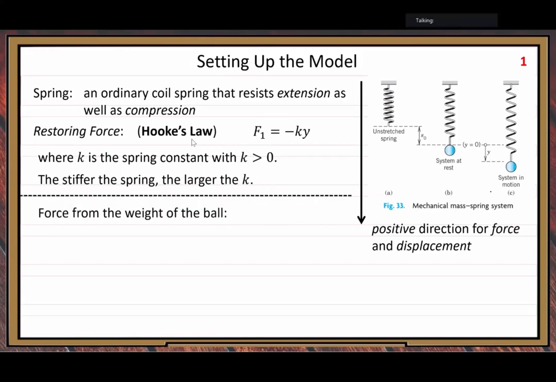Now we need to study the system. The force from the weight of the ball. There is another force, the weight force, so we use F0, which is mg, where g is the constant of gravity.